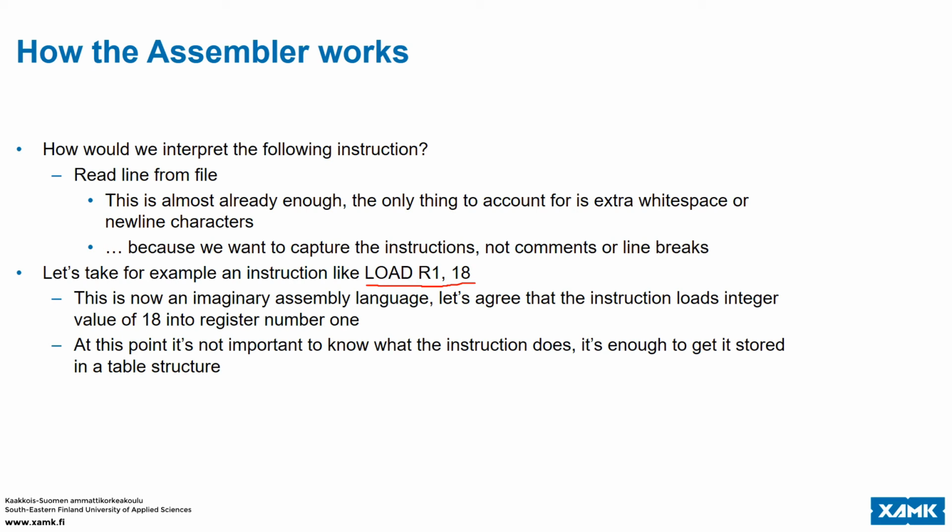It's enough just to get this stored in some table structure, and we need to figure out what the parts are in this instruction. So load needs to be differentiated from R1 and 18, and then we have to find the binary counterparts for these parts of the instruction.